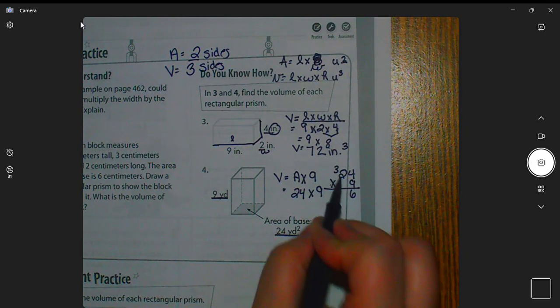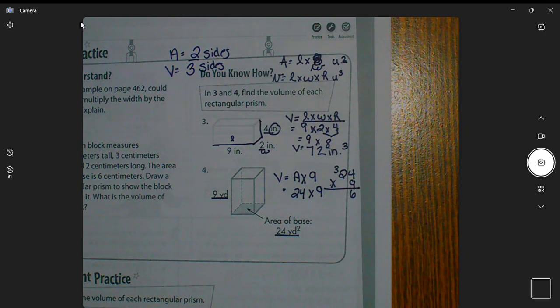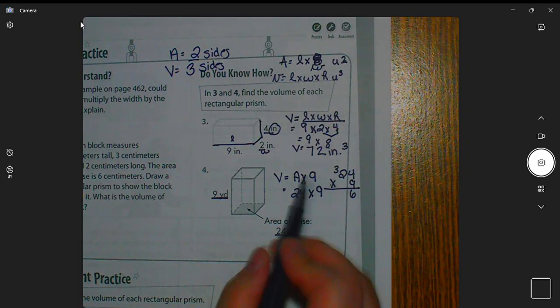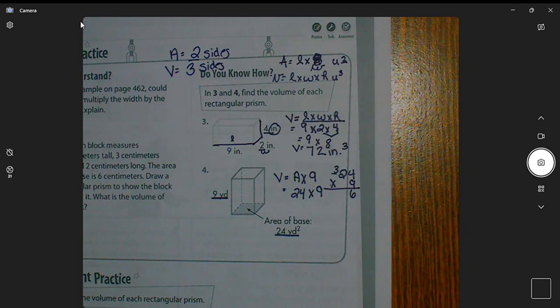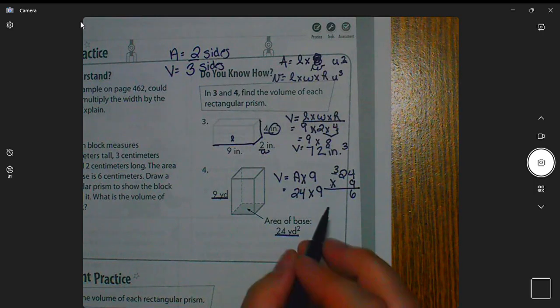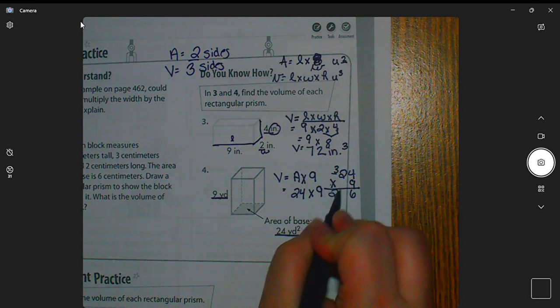9 times 2, I'm going to multiply first. So 9 times 2. Yeah, it's 18. Then add 18 plus 3. You're so right. It's 21.